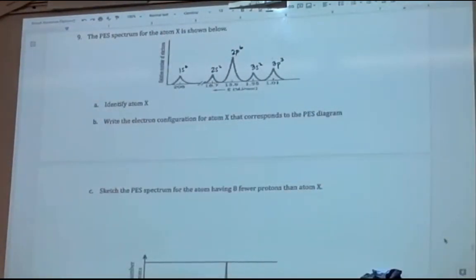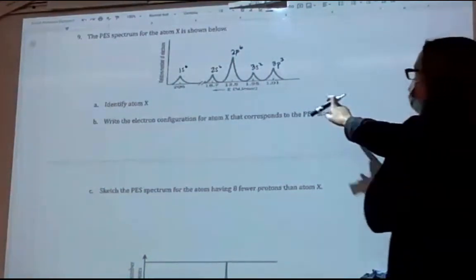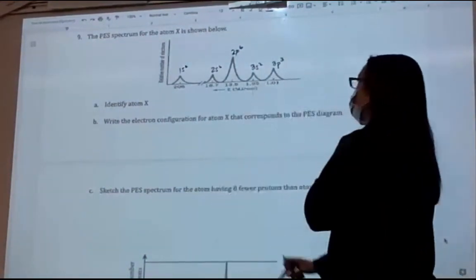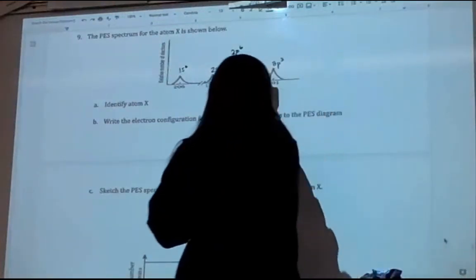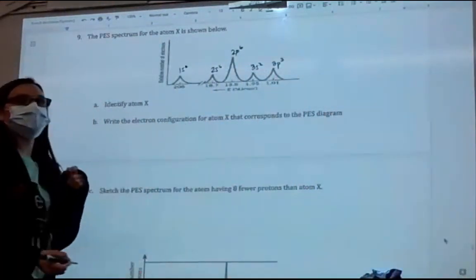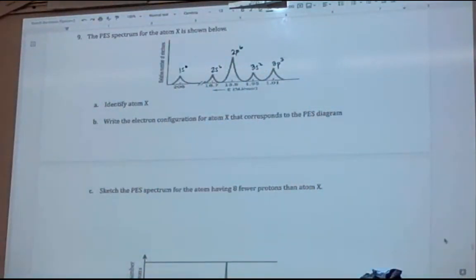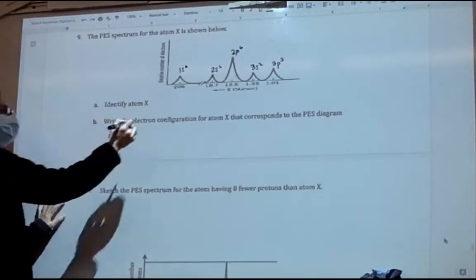So again, when you label the configuration, label the peaks. This peak is just slightly higher than the 3s, which is why it's 3p. It's about half the height of the 2p6. So when you look at 3s2, 3p3, look on the periodic table. I find 3s2, 3p3, that's phosphorus.